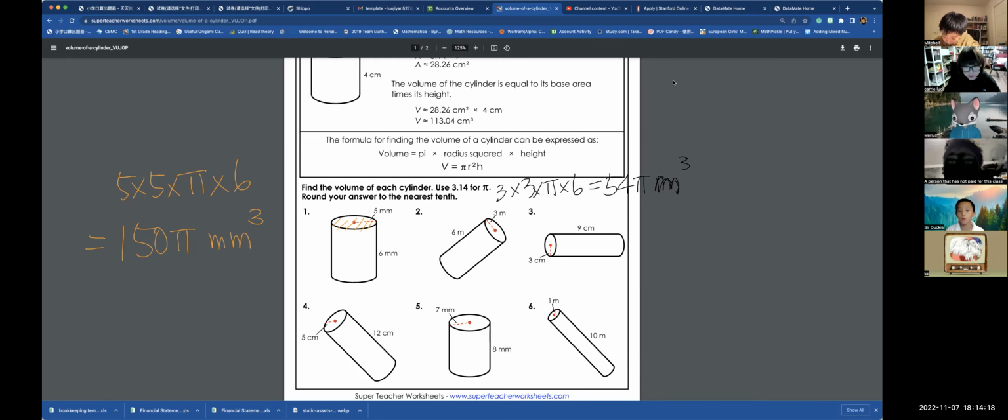When you finish, let's take a look at number 3. Number 3 is the same thing. 3 times 3 times pi, still the bottom, but times 9, because that is the height, so equals 81 pi centimeter cube. Okay, understood? So let's do 4, 5, and 6.